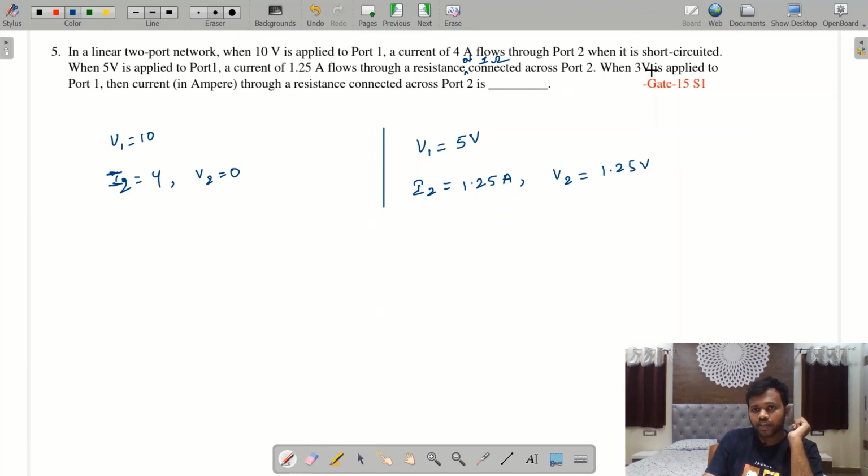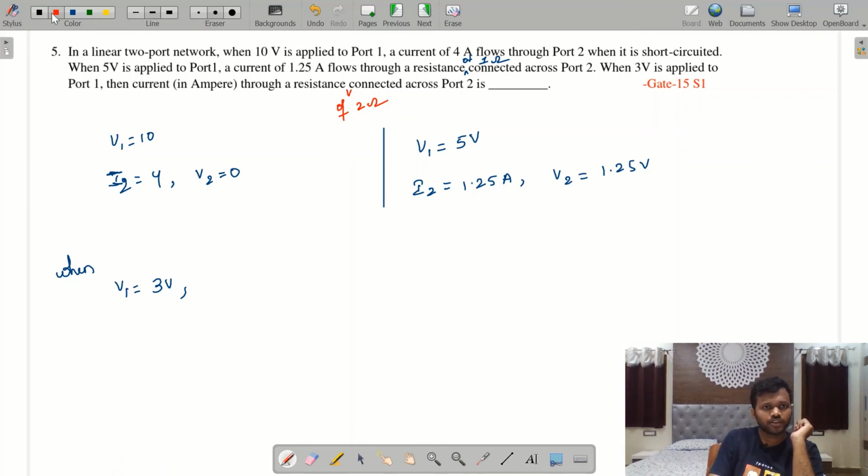Now when 3 volts is applied to port 1, meaning V1 equal to 3 volts, the question is the current in amperes through a resistance of 2 ohms connected across port 2.